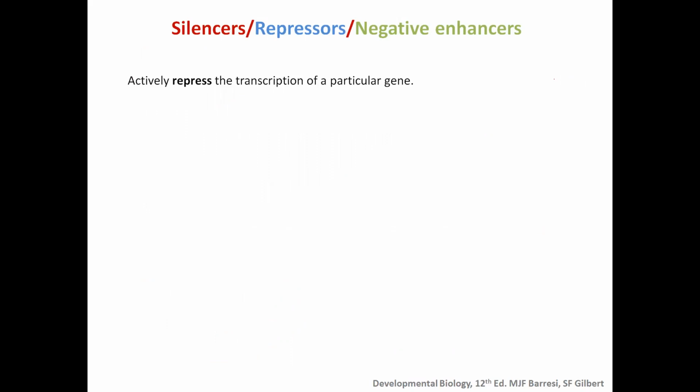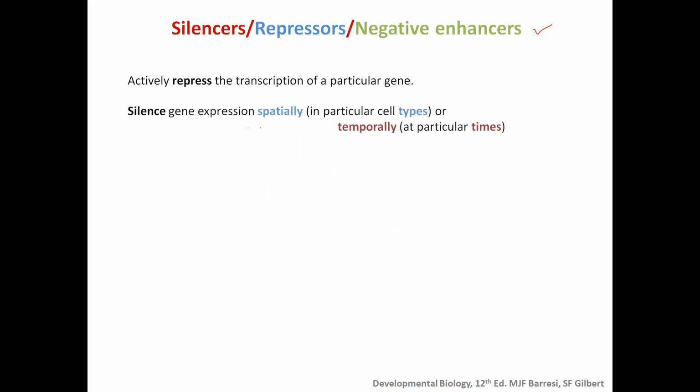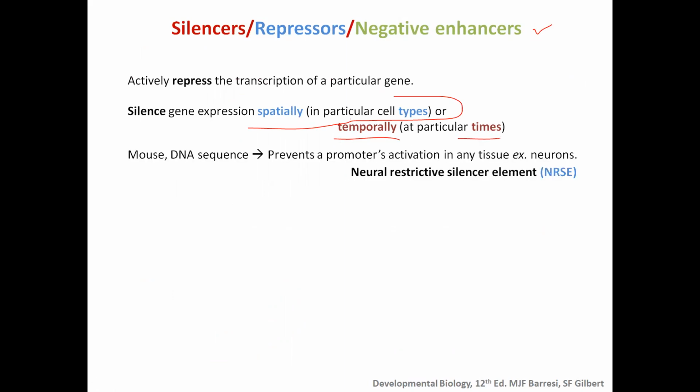Next are the silencers, also known as repressors or negative enhancers. They actively repress transcription, silencing gene expression specifically in different cell types and temporally, meaning according to the time. In the mouse DNA sequence, one prevents promoter activation in any tissue other than, for example, neurons.